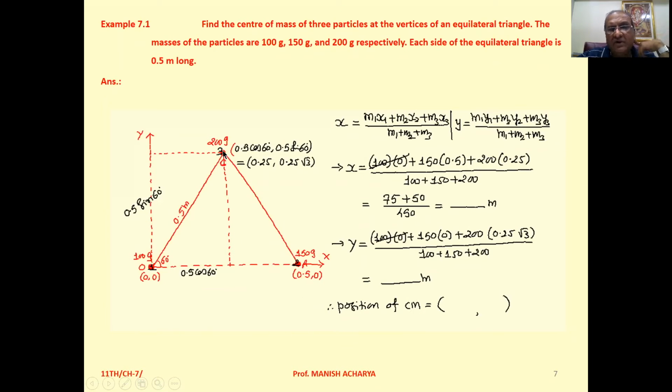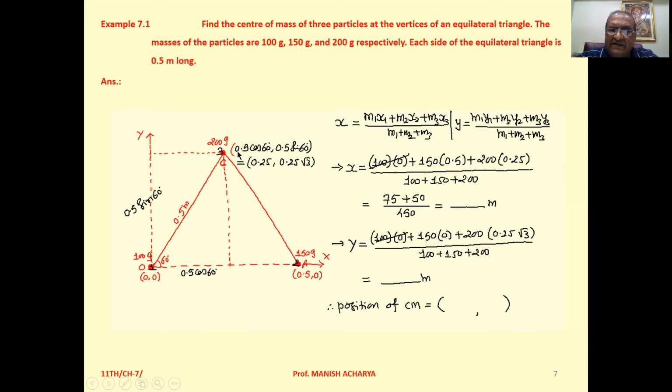Now for the third one, say this particular side is 0.5 meter and the angle is 60. So for this point, the x coordinate, if we draw a normal here, then this part will be 0.5 cos 60. And if we draw a normal from this third point to the y-axis, then this part will give you the y coordinate, that is 0.5 sine 60.